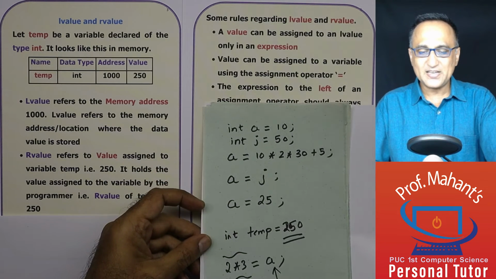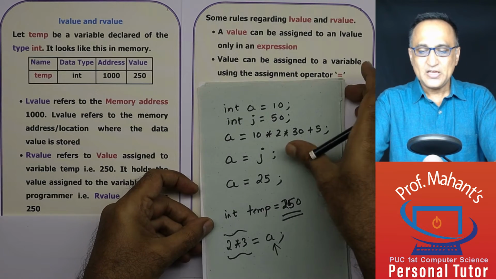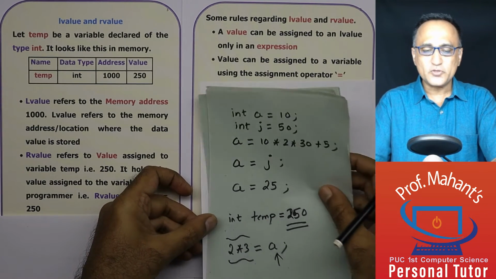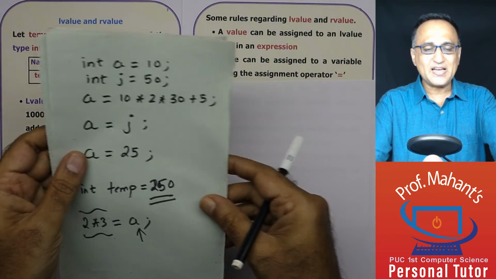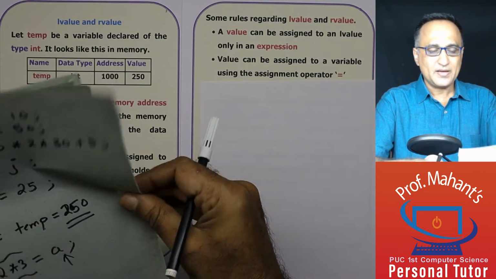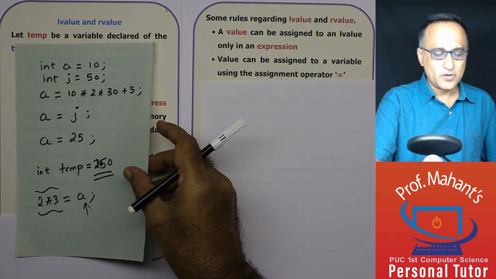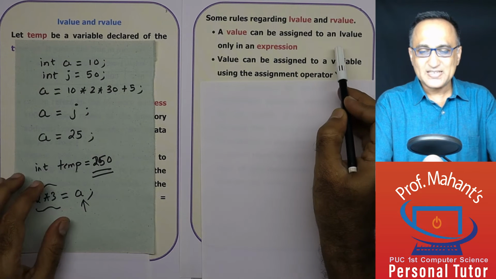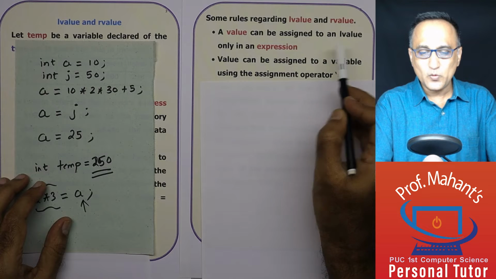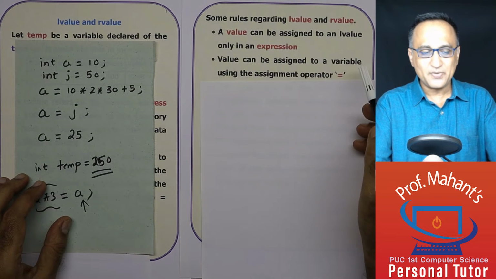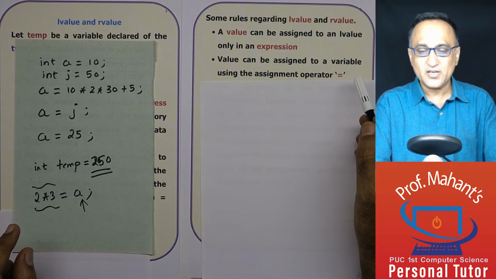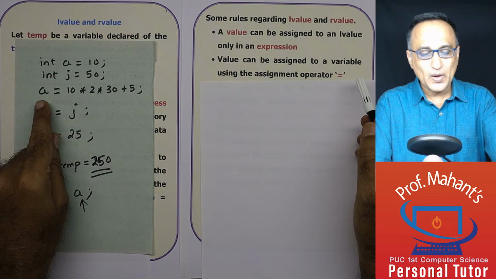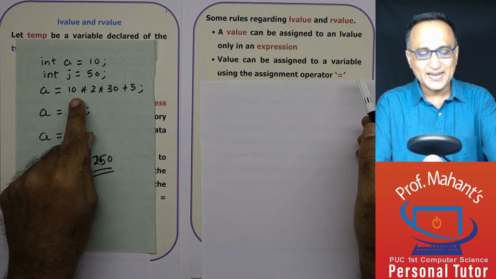Now let's understand a few more things. There are certain rules which need to be followed regarding R value and L value. All right. A value can be assigned to an L value only in an expression. For example, if there is a memory location, you can only give it a value. I can give a value to A like this.